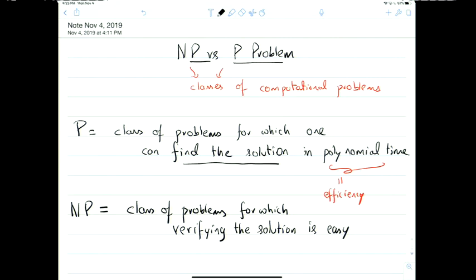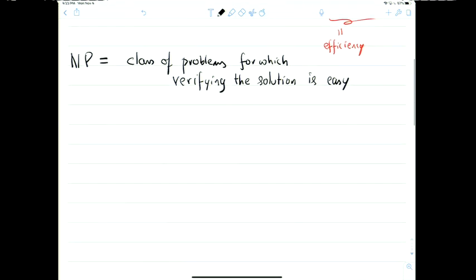Let me give you an example. The first example I'll describe is the 3 coloring problem. What is this problem? The input is a graph, and a solution is a coloring of the vertices of the graph with 3 colors.